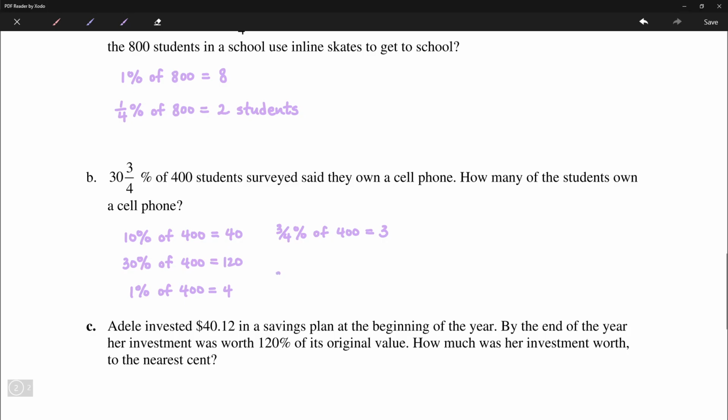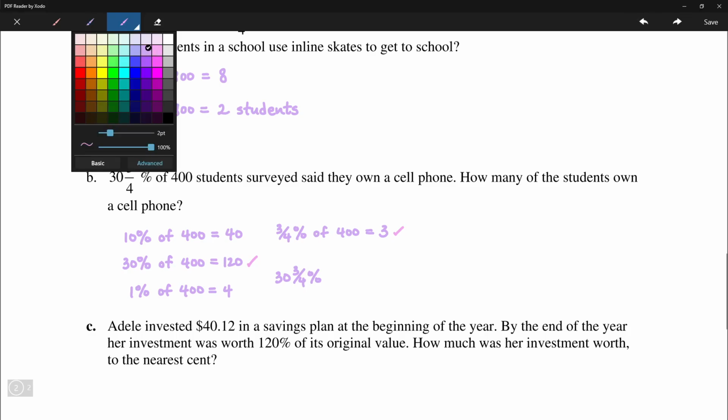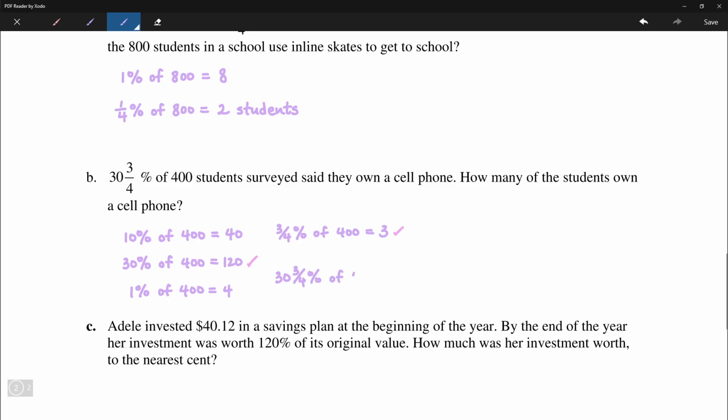So altogether then, 30.75% will be the sum of these two numbers. So that would give us 123 at the end. So the 30% will be 120 students, and the 3/4% would be 3 students. So added together is 123 students.